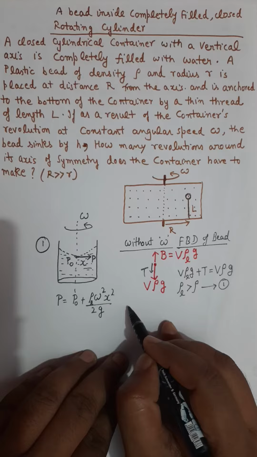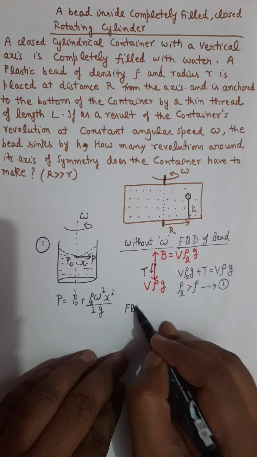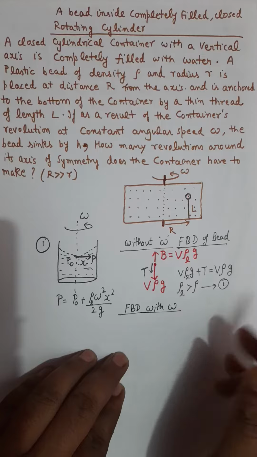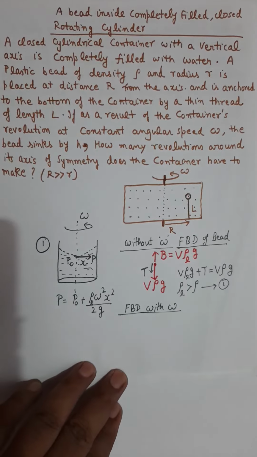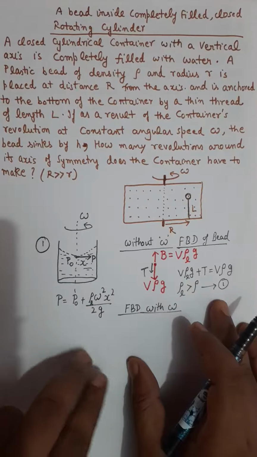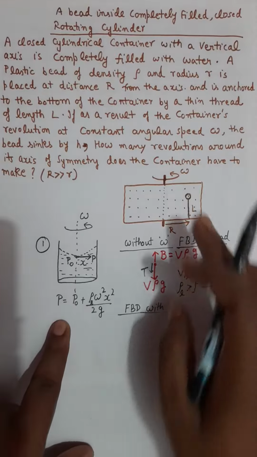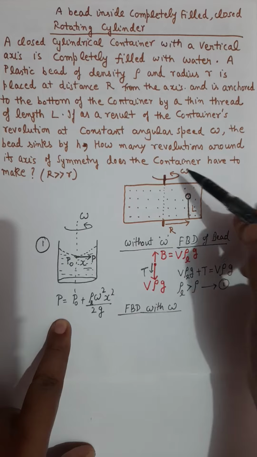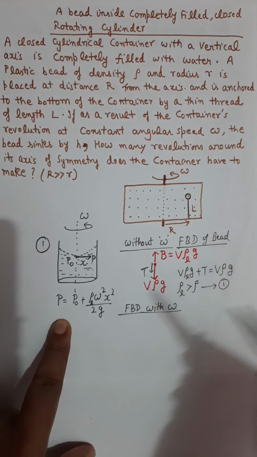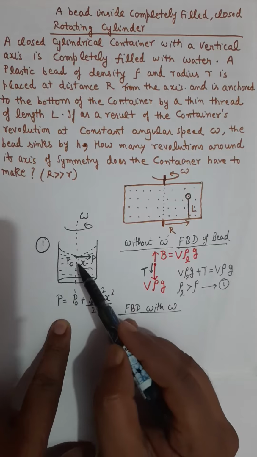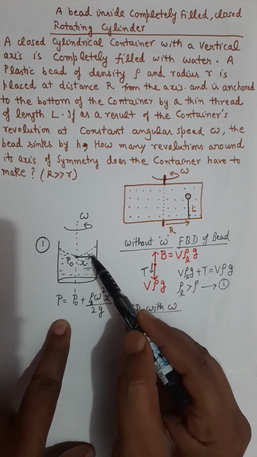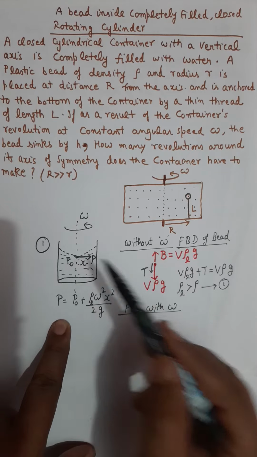Now we will draw the free body diagram with omega. Having omega, the free body diagram will be changed now. And now the argument part. The moment you start rotating this cylinder, notice from here the pressure away from the axis is always more than the pressure near the axis.